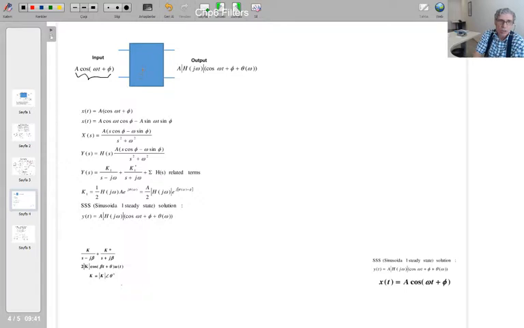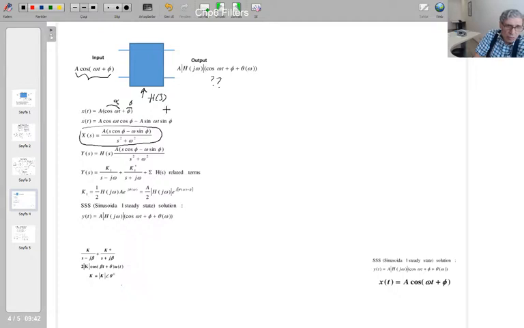So the question is, if I find the transfer function of this circuit, which is H(s), what would be the output? The first thing to do is find the transfer function, then find the Laplace transform of the input function. The Laplace transform of the input function is this. Let me remind you how we calculated that. Since this is cos(omega t plus phi), you can consider omega t as alpha and phi as beta.